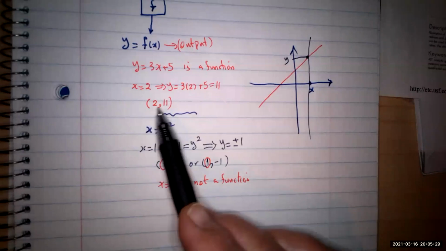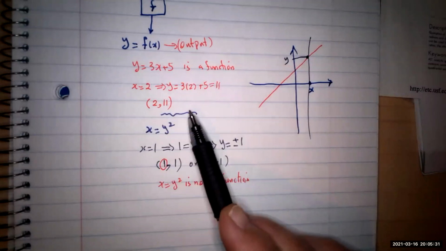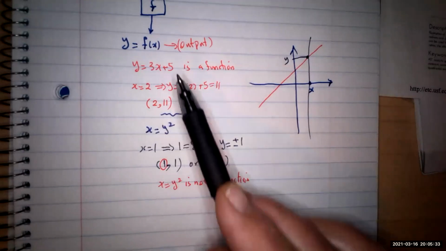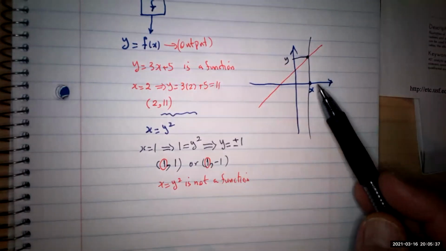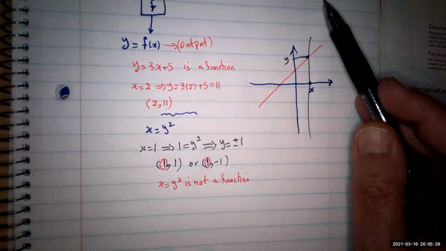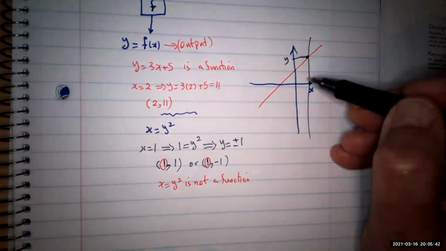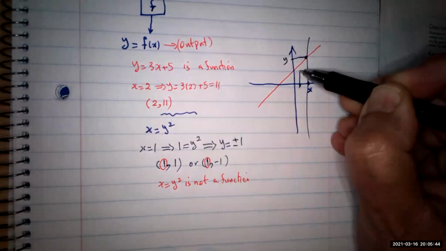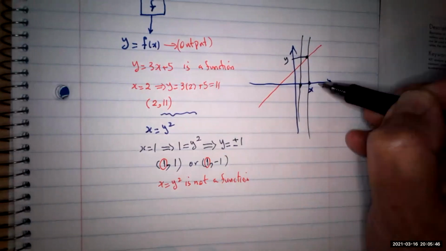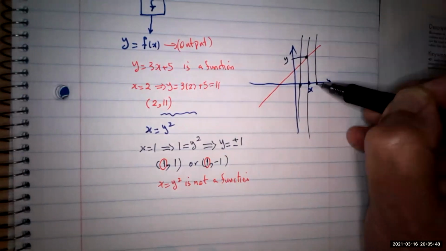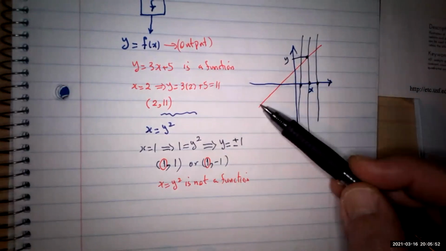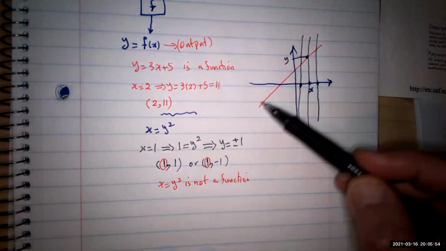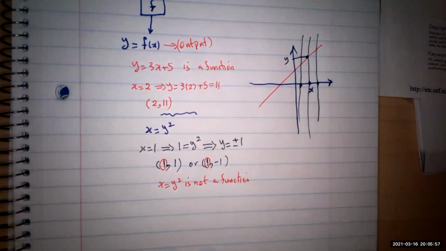So when we say it's a function, because for each x you get only one y, geometrically this means every vertical line, for every x you give me, would intersect the graph of the function at one point only. Because if it's going to be two points, look at this one.